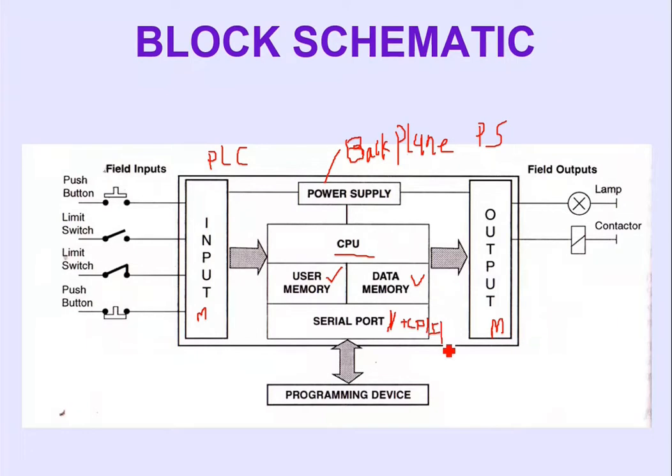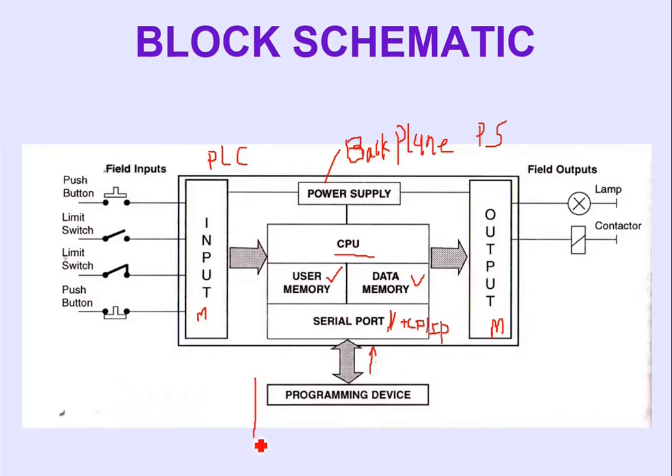Why is this communication there? In order to communicate the PLC with a programming device. Why does the programming device need to communicate with the PLC? Because in the programming device we develop the algorithm and pass that algorithm to the PLC. So what is the programming device here?